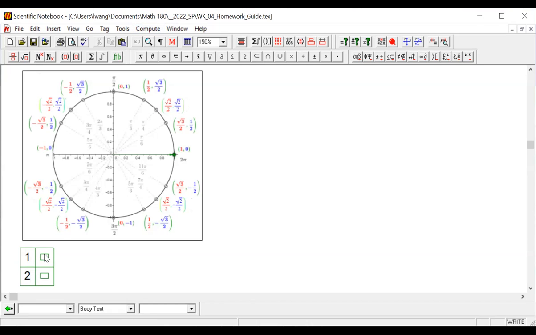The first question I would try is cosine pi over 3. Hold on, why did I click that? Okay, cosine pi over 3, and cosine negative pi over 3.